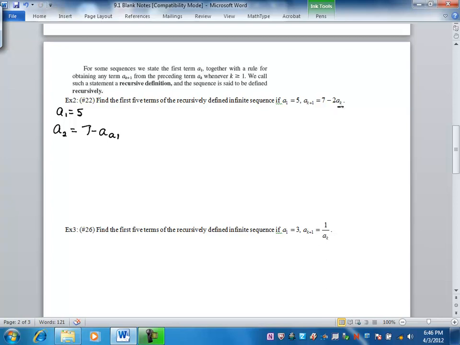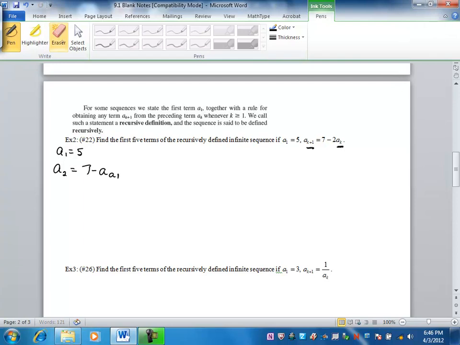Notice over here that the subscript on a sub k is 1 less than this subscript, so for a sub 2, this subscript is 1 more than what this one is. So 7 minus a sub 1, well, a sub 1 is 5, so a sub 2 is 2.